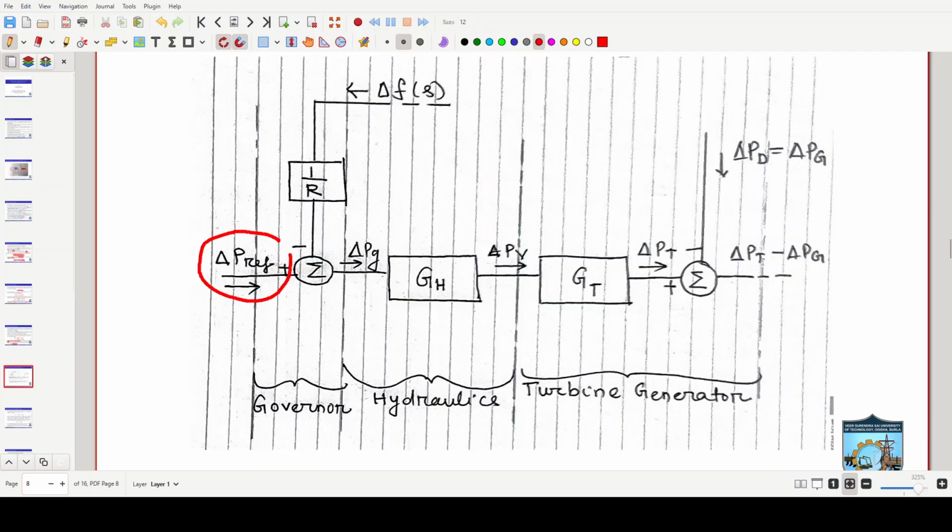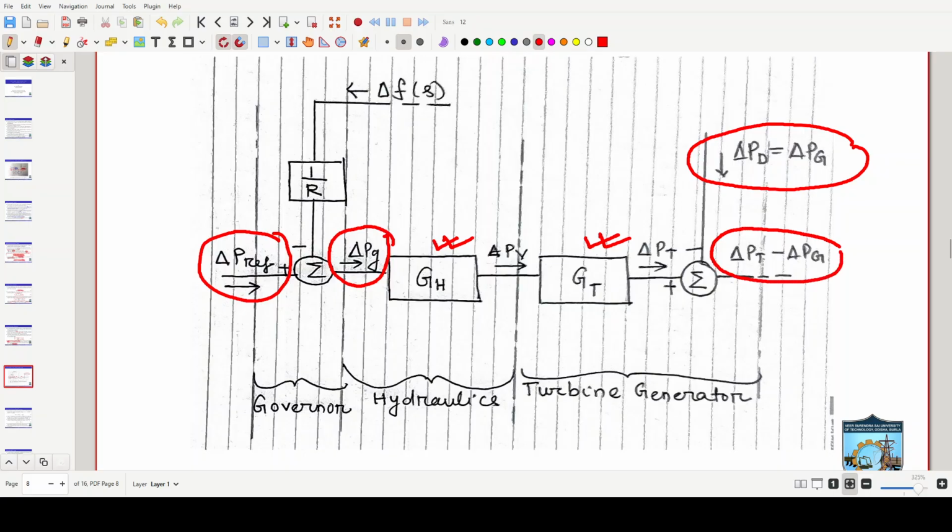This is the governor power, the signal to the governor. This is the hydraulic valve transfer function, this is the turbine transfer function, and this is the load perturbation. A change is required to be made in the input valves, which is made through this loop. We have only shown one part of the loop, the rest will be closed now.